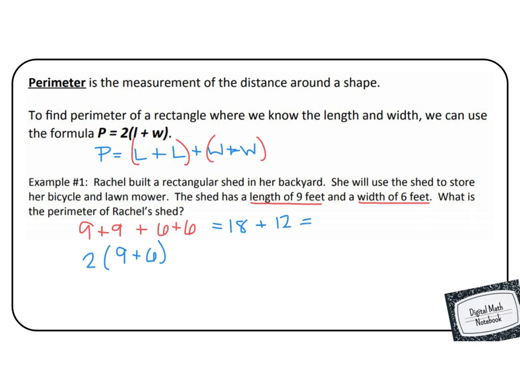And 18 plus 12 equals 30. Now let's see if we do it the other way. 9 plus 6 is 15. So that would be 2 times 15 gives us 30. So we got the same answer both ways that we did it. Type this into your digital math notebook now.